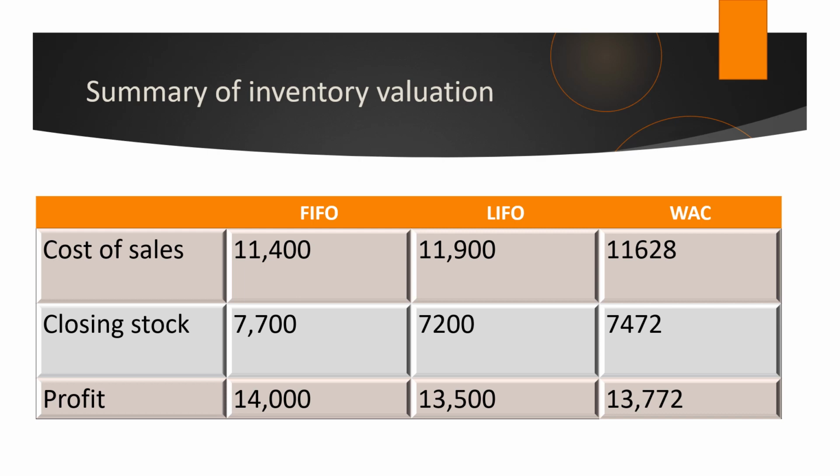So you can see when the closing stock rises, the profit also rises. When the closing stock decreases, the profit also decreases. So you have to identify these relationships when you are going to analyze the inventory of a company under these three methods.